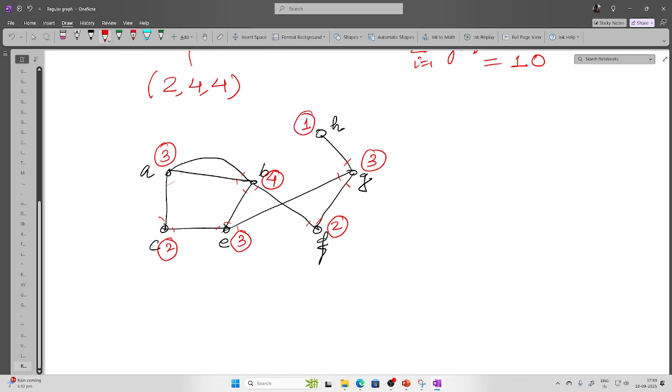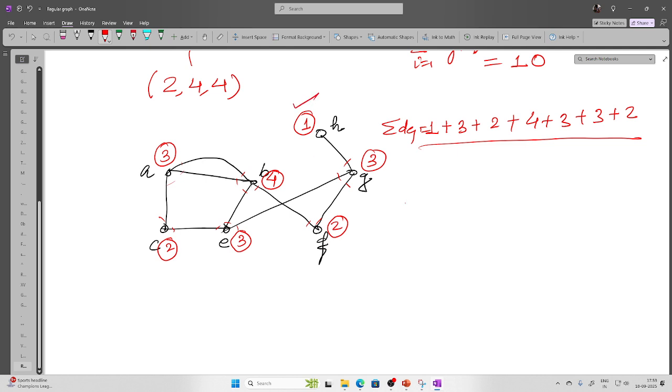So if I am interested in finding the total degree, then I have to add up: 1 plus 3, then plus 2, then 4 plus 3, and then this 3, and then this 2. This will give me the total degree of this particular graph. Whereas if I am interested in writing the sequence, then I have to write it in ascending order.